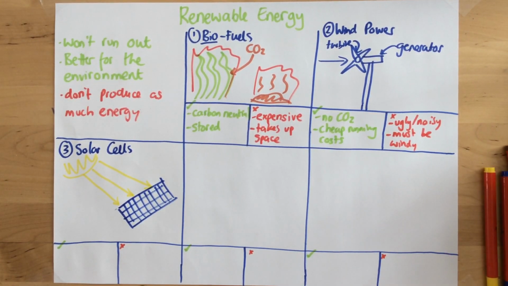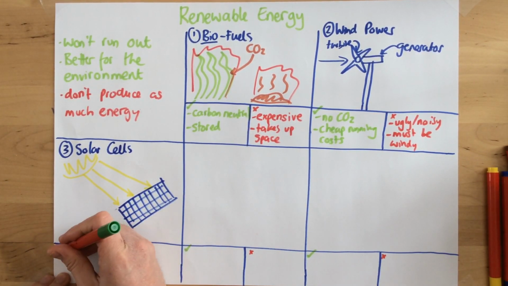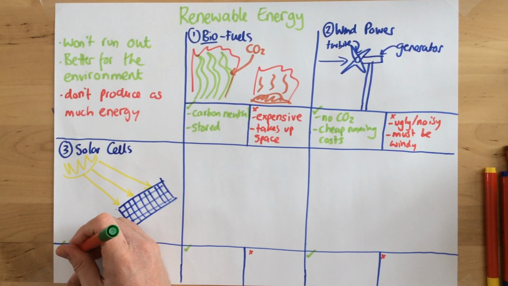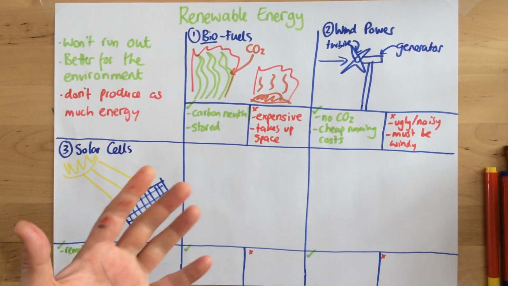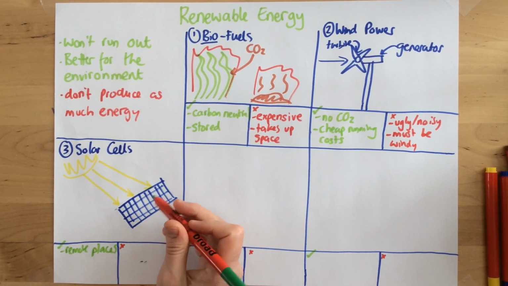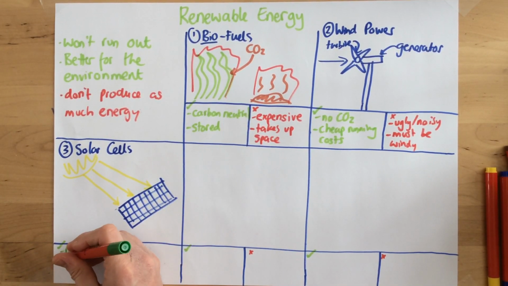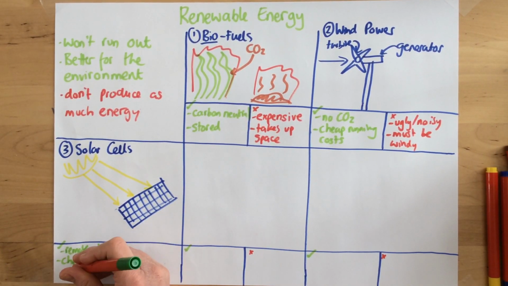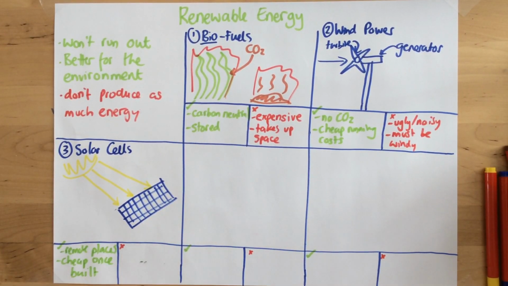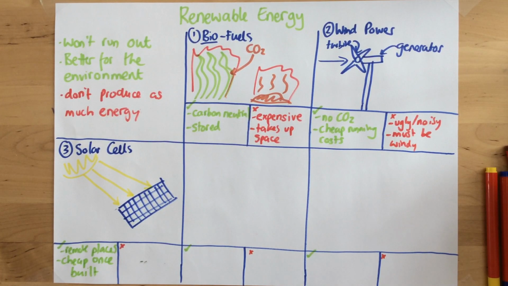Now, the advantage of this is you can have these solar cells in really remote places where other types of electricity generation would not be suitable. They're also, once they're built, extremely cheap to run. So once they're built, it's essentially not having to spend much money on the upkeep of them at all.